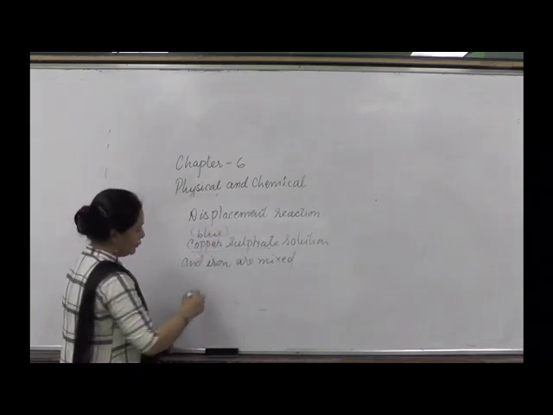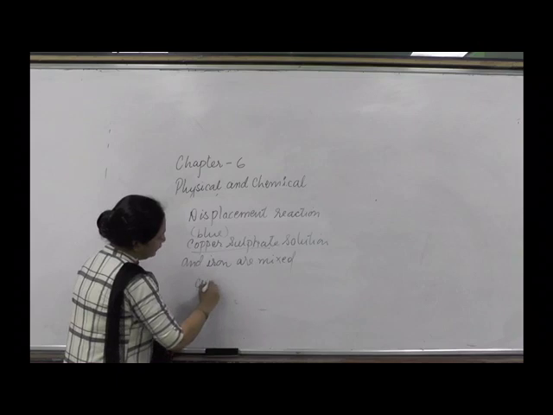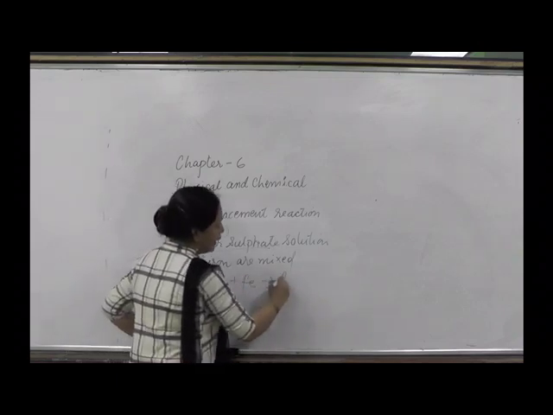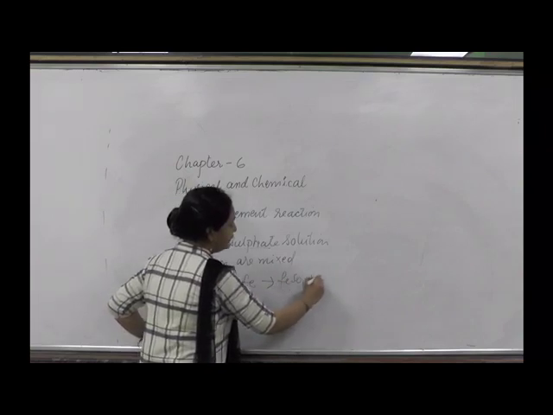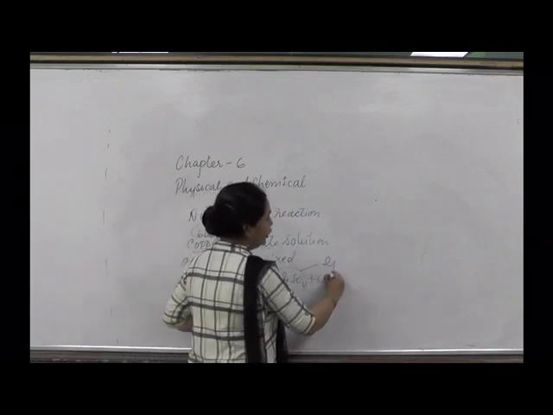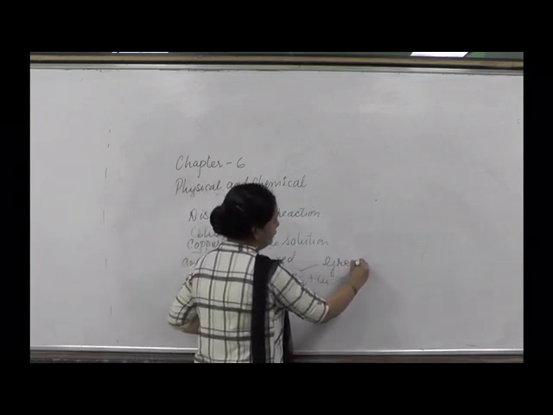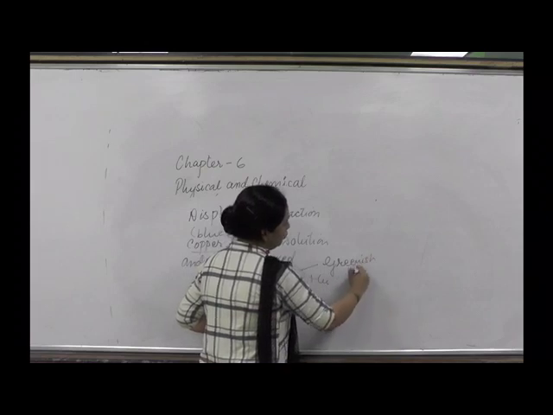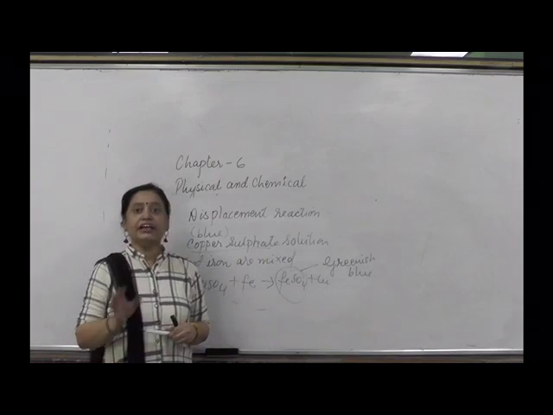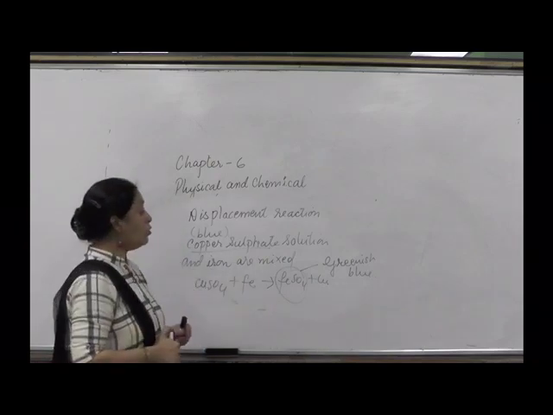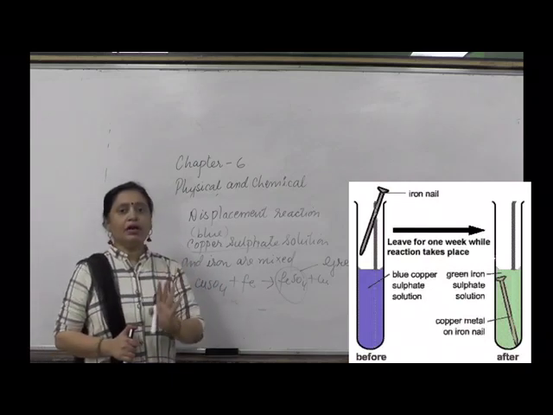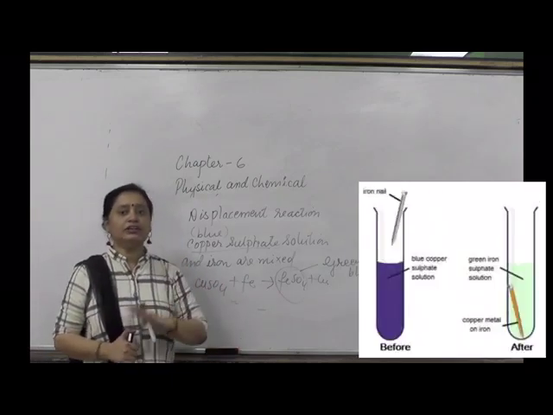When the iron is mixed, copper sulfate plus iron gives out iron sulfate plus copper. When the iron sulfate is formed, it is actually greenish blue. I think this is clear. Now, this is again one more example in which the chemical change is indicated by the change in color.